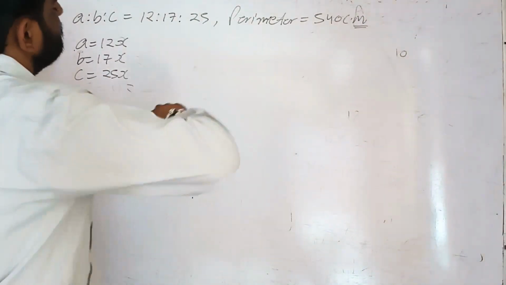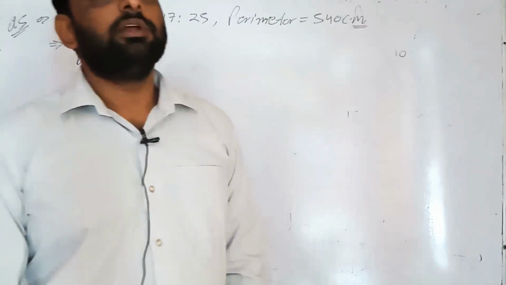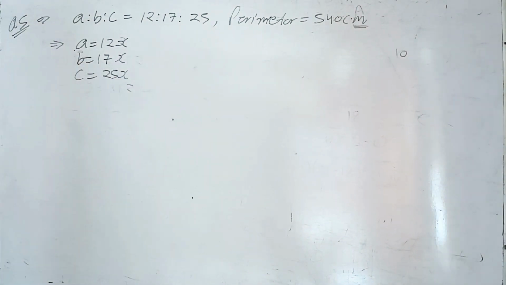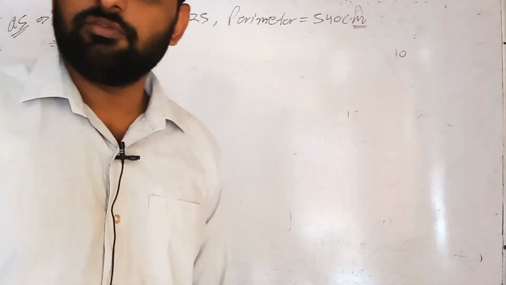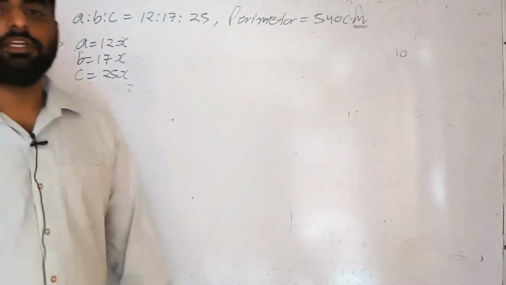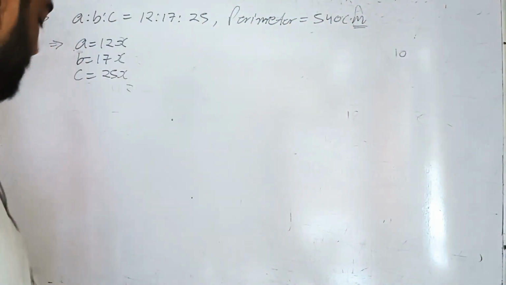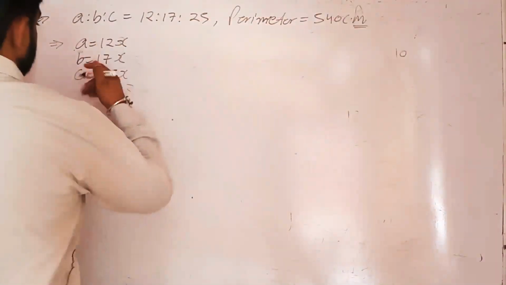Why we written x over there along with ABC? Because if the ratio is given and you have to convert into values, then we have to multiply the constant term with the variable.